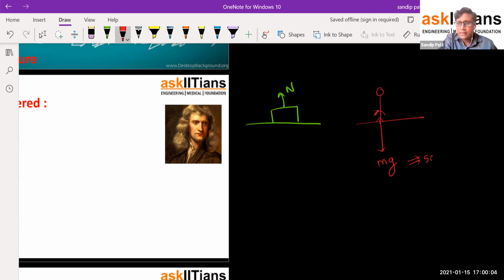Acceleration due to gravity is 9.8. If I do this calculation, I get 490. 490 Newton is the force.